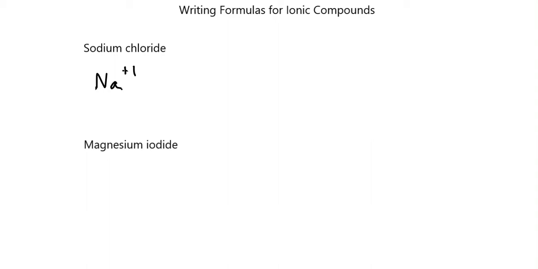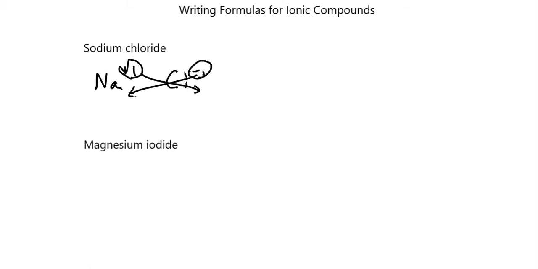And then chlorine, which is in group 7A or group 17, so it's just one away from that noble gas, so we'd expect that to form a -1 ion. And so one of the tricks that we sometimes use is we look at the charge on the cation and the anion, and we'll swap them.